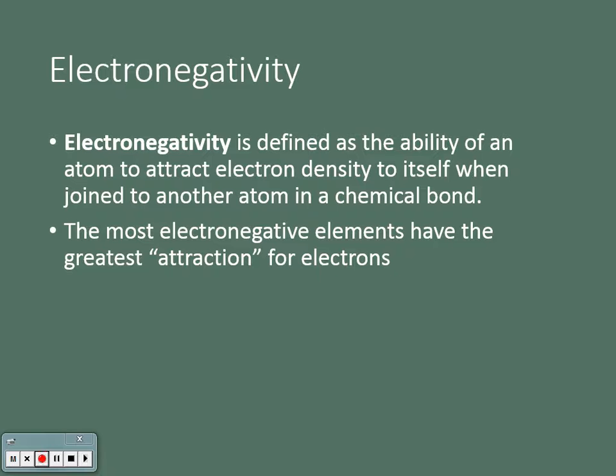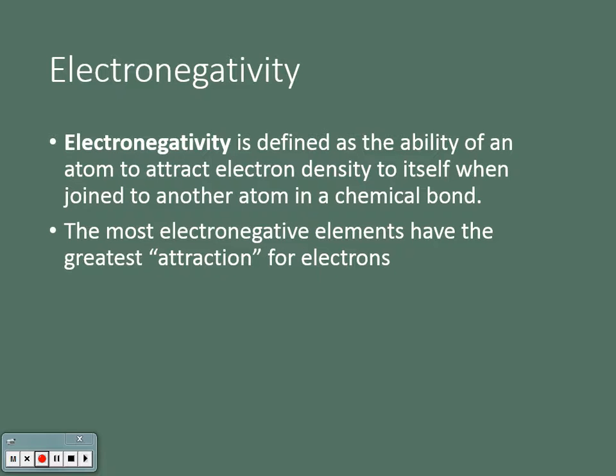And there are several factors that go into determining the electronegativity. Some deal with how many valence electrons it has. But in that case, any elements that had the same number of valence electrons would have the same electronegativity, and that's not what we see.